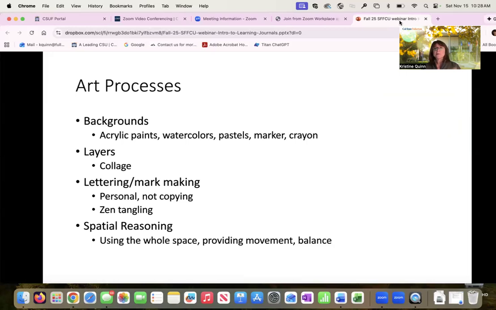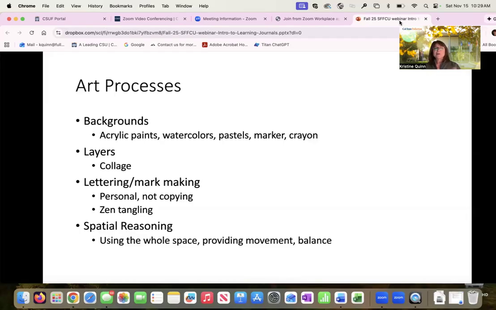The next one is about mark making, or making your mark. We can think about this as lettering, and when we're thinking about lettering, it doesn't have to be something that we find on a computerized font. We all have our own personal fonts that we utilize in our own unique ways.